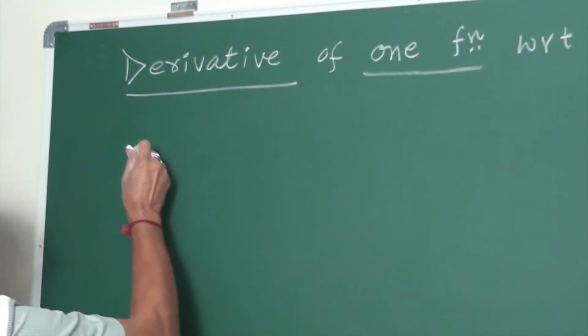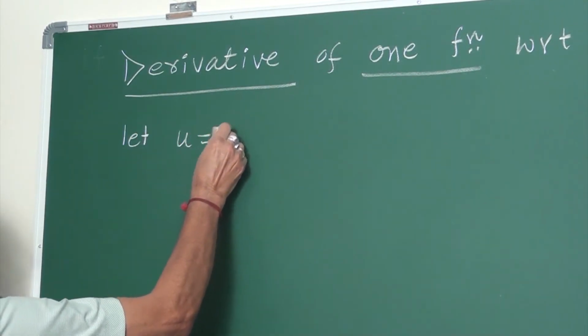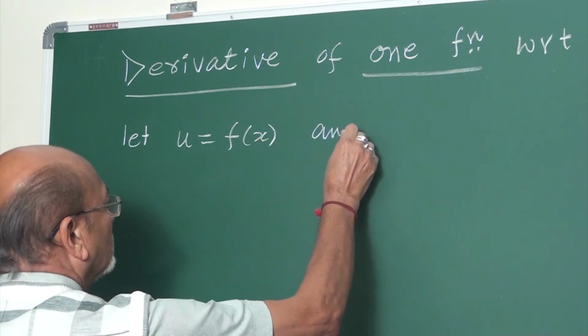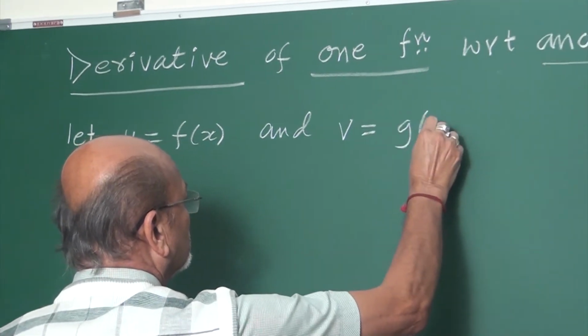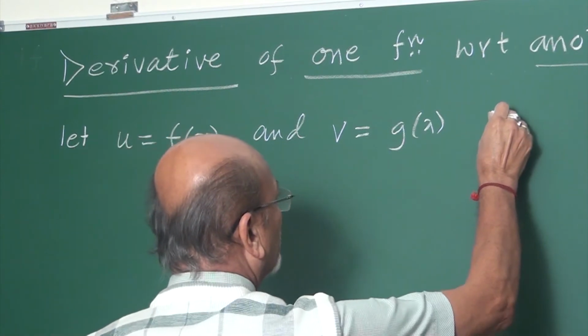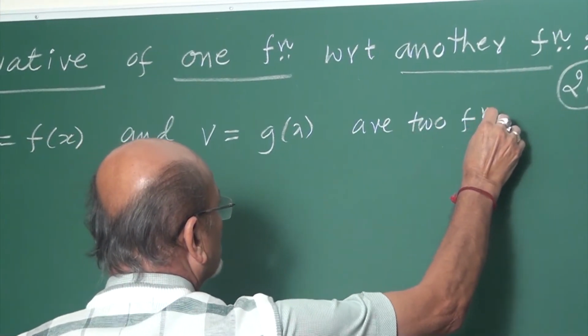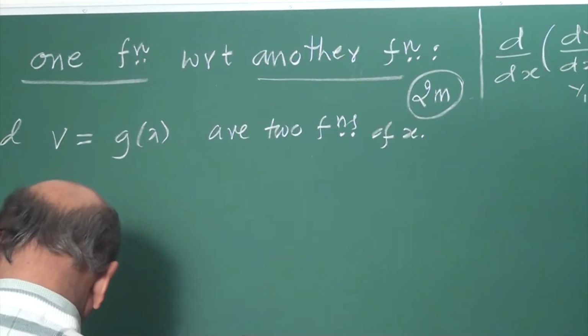Let u equal to one function of x, f(x), and v equal to another function g(x). Let u equal to this and v equal to this are 2 functions of x.